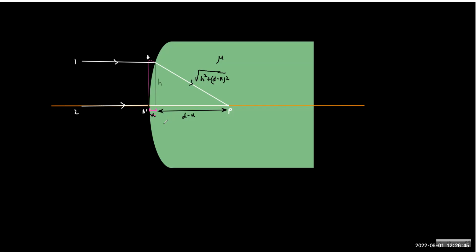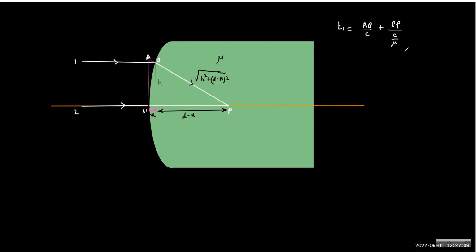So to go from A to B, let's call it, this is A, this is B. The time taken by the first ray to reach the point P will be AB upon the speed in vacuum plus BP upon the speed of light in the medium, which you will come to know, or in fact you must know, is C by mu.